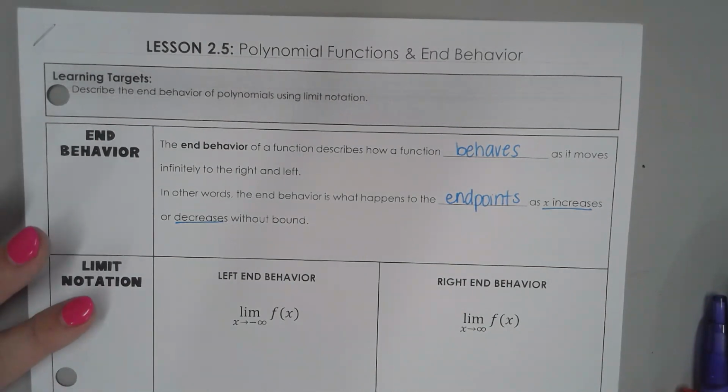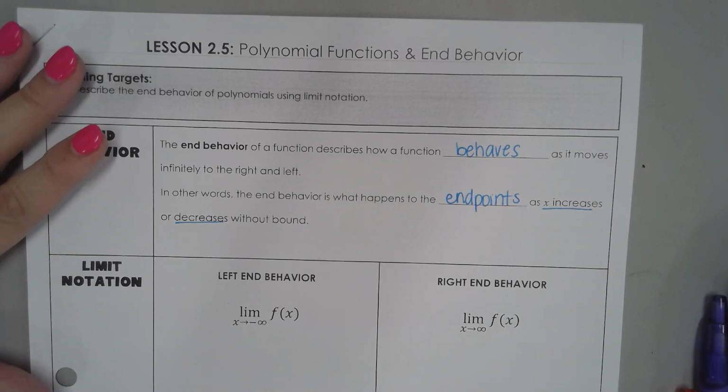So as x increases, that's going to the right. When you go to the right, those x values get bigger and bigger and bigger until eventually we just say it hits infinity. To the left, your x is decreasing. It's going to negative infinity.